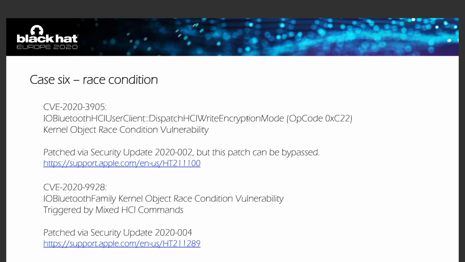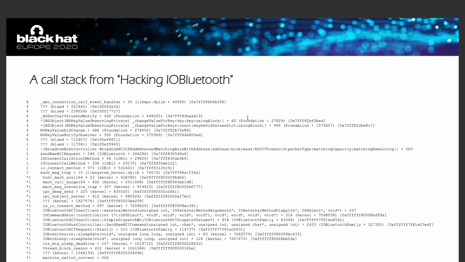Okay, the last one. The last case also represents a class of vulnerability that took 2 patch days to fix. The story can start with the call stack in the article Hacking IOBluetooth. When I first saw the call stack, the only word I could say was wow.